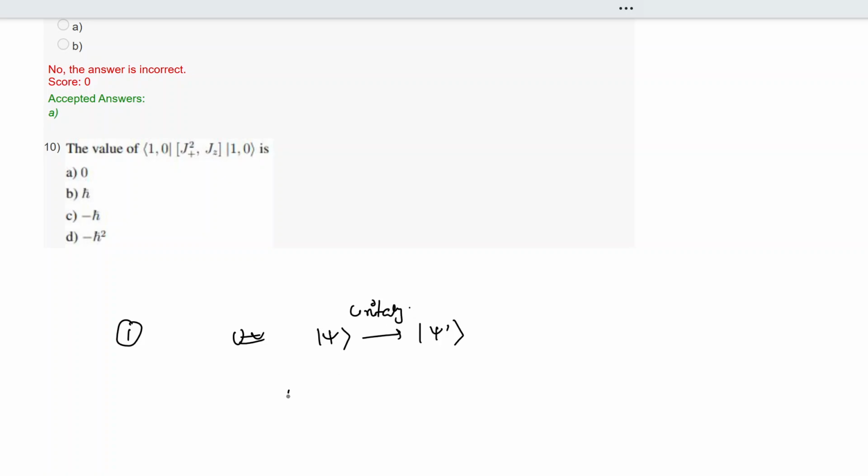That means if the matrix for the unitary transformation is U, then U A cap U dagger is equal to A cap prime, because this is the unitary transformation on the matrix A.